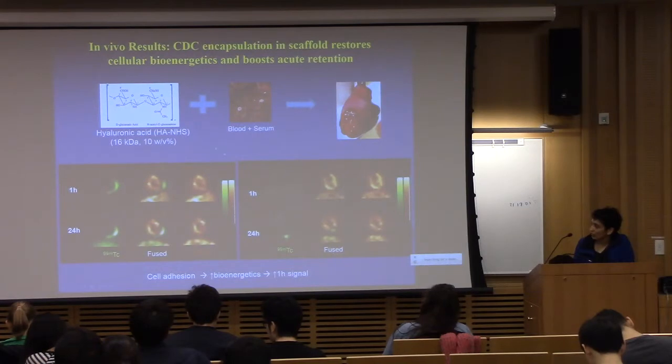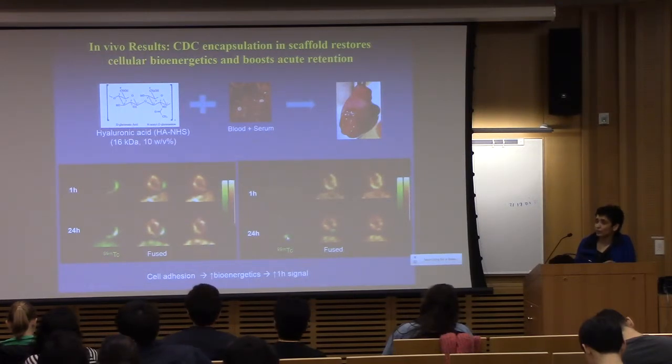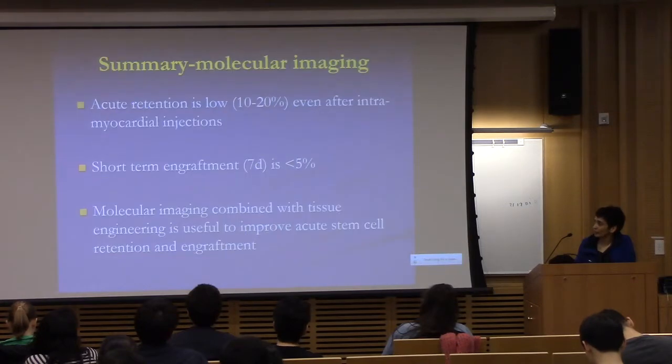So this is an example: if you were to inject suspended cells at 1 hour, you would see nothing. At 24 hours, you can see a signal, even though 70% of the cells are dead. But if you encapsulate them in hydrogel and apply them to the heart, you can see a really bright signal, suggesting that the cells are not only happy in the hydrogels, but also viable.